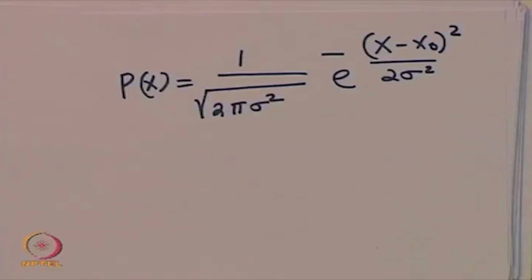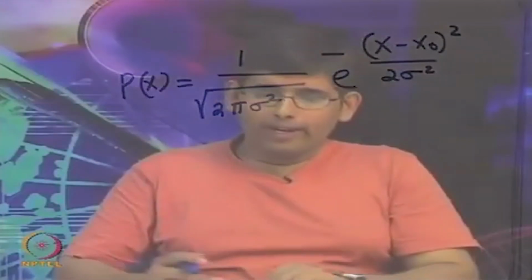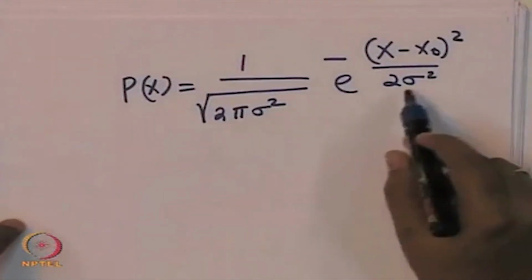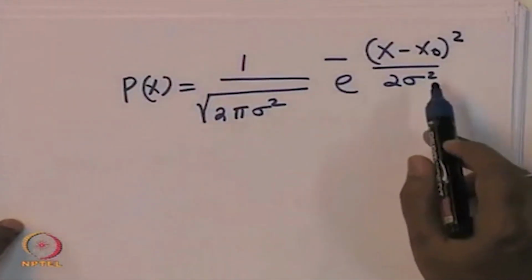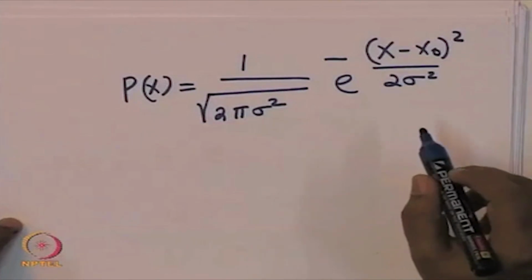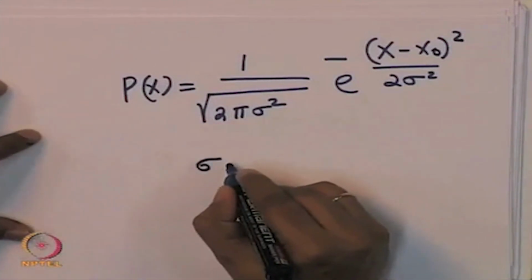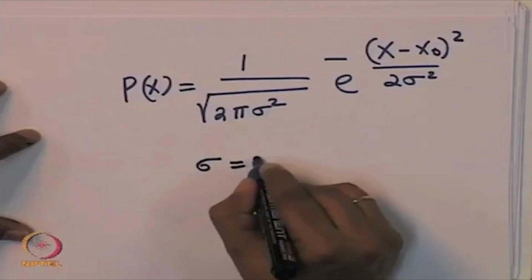Now, given that it has this particular form, just by looking at the graph of this function, what all can you know? So, let me take some particular value, sigma equal to 10.